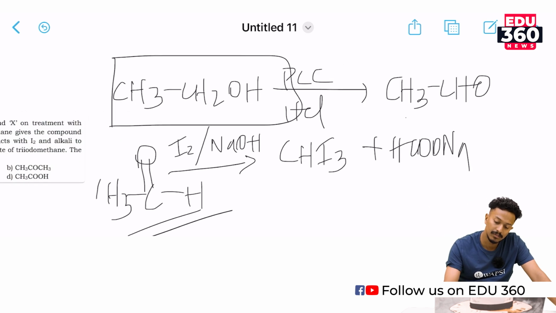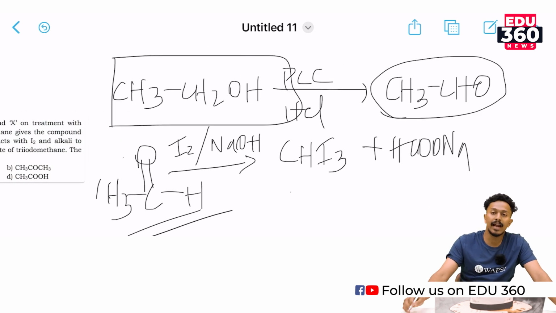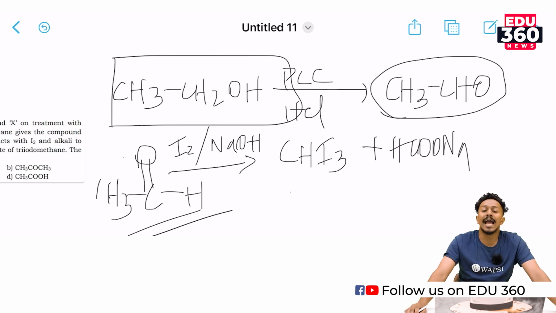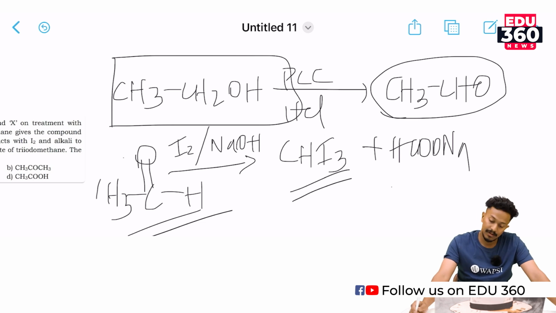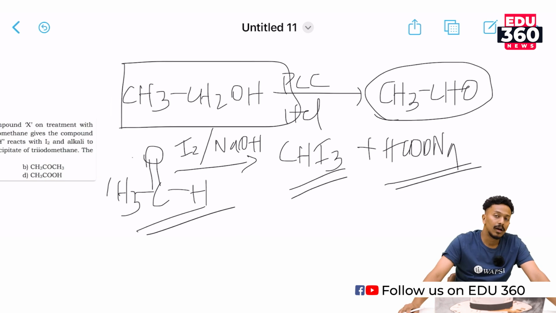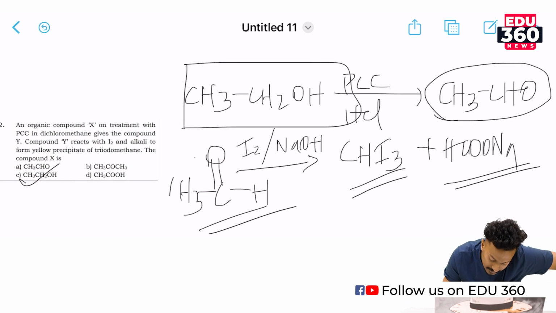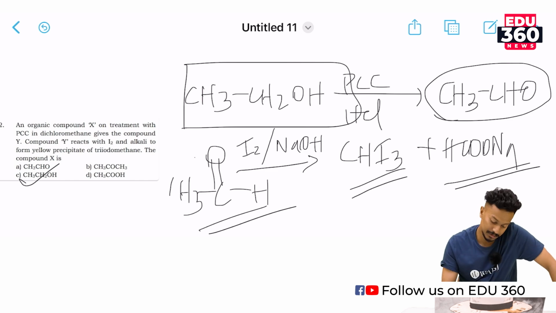This acetaldehyde is subjected to haloform reaction, where a halogen is treated with an alkali, which gives triiodomethane with methanoic acid. So the correct option would be CH3CH2OH.